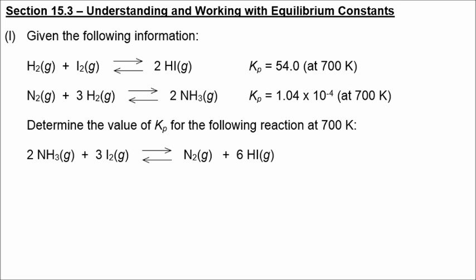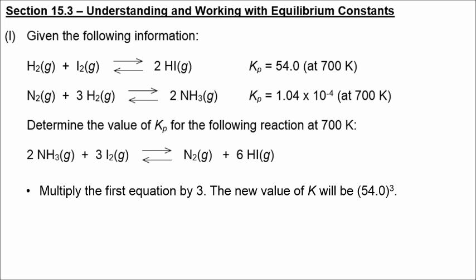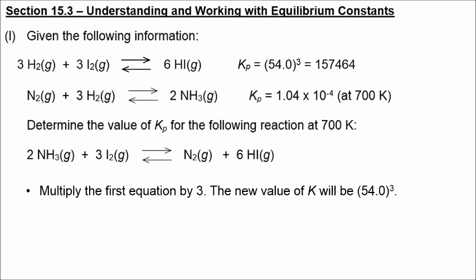And now we're going to summarize those 3 different types of manipulations by trying to get the 2 equations for which the constants are known. So Kp equals either 54 or 1.04 times 10 to the negative 4 power, to determine the value of Kp for this 3rd reaction. If you multiply the first equation by 3, the new value of K will be 54 raised to the 3rd power.